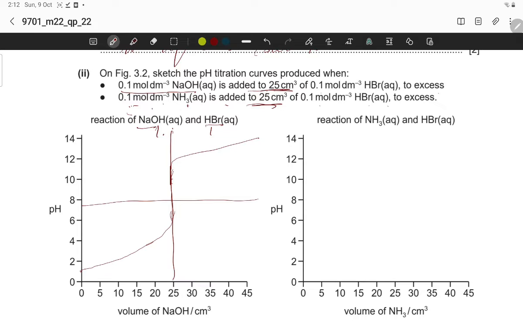Ammonia is a weak base. HBr is a strong acid and ammonia is a base, starting from the same point.